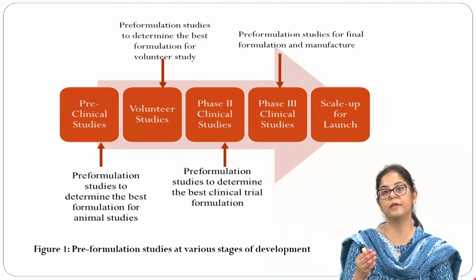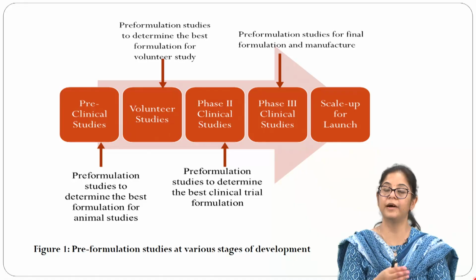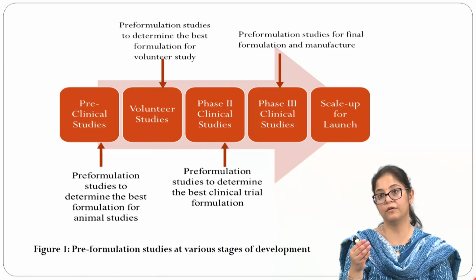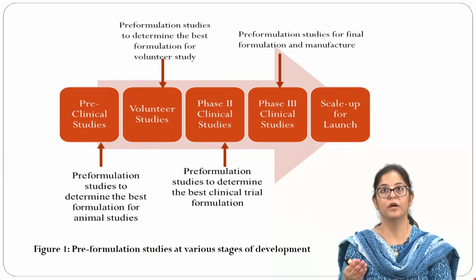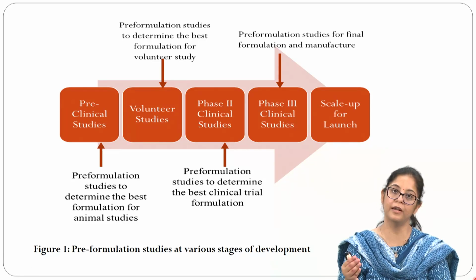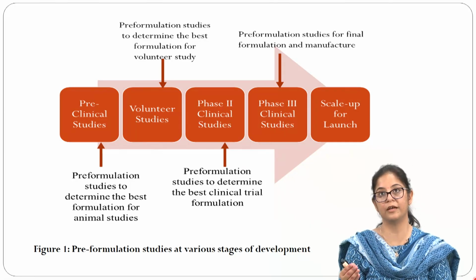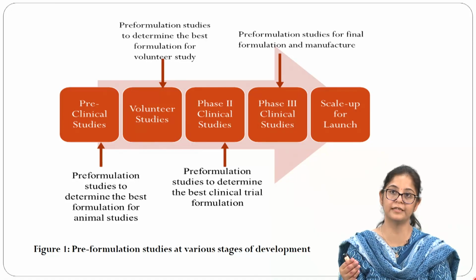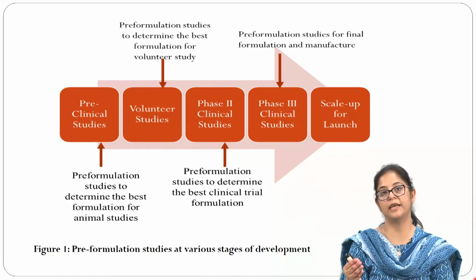Now, since it is being extrapolated from the animals to the humans, there might be a need to change a few parameters in the formulation so as to suit the biological setup of the humans. So the pre-formulation studies are fine-tuned again to suit the human trials. Then in the phase 3 clinical trials, the best formulation is taken.